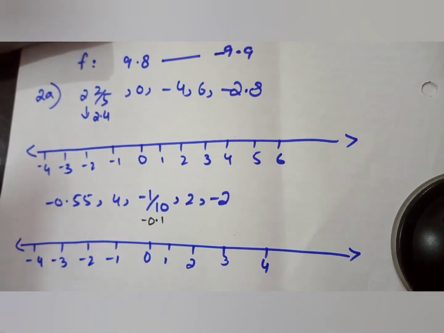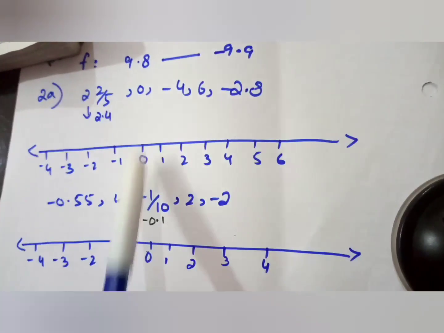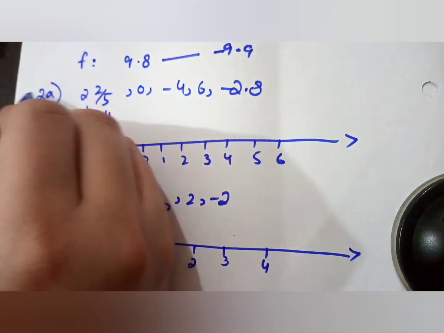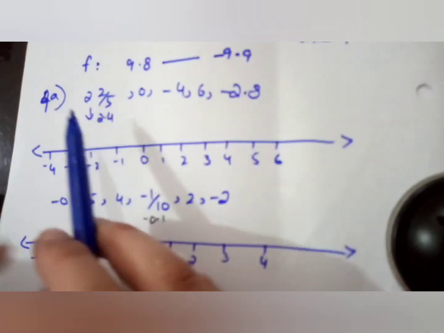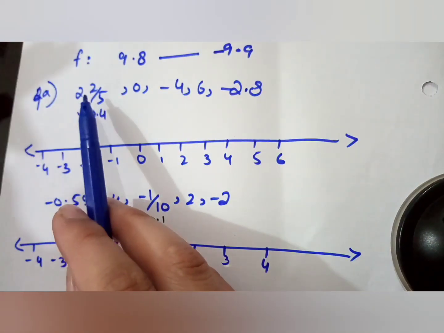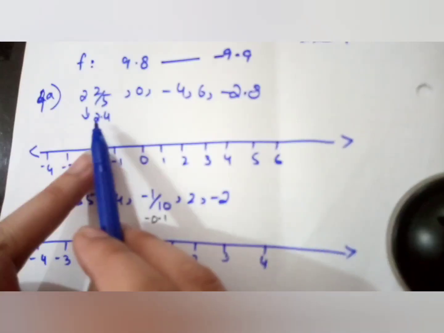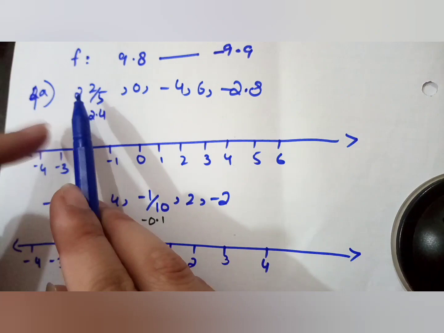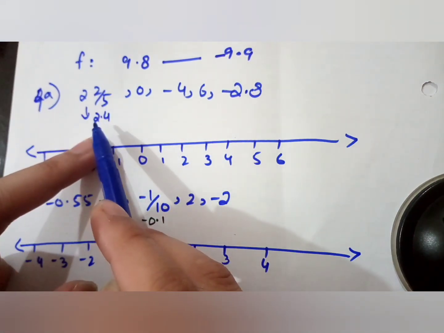In question 4 of exercise 4A, we have to represent some numbers on the number line. We have to represent these numbers on the number line. The first number is the mixed number 2 whole 2 by 5. I convert this into a decimal; you can do this with the help of a calculator. 5 twos are 10 plus 2 is 12, so 12 divided by 5 is equal to 2.4.